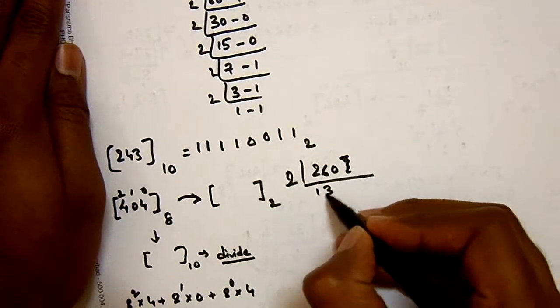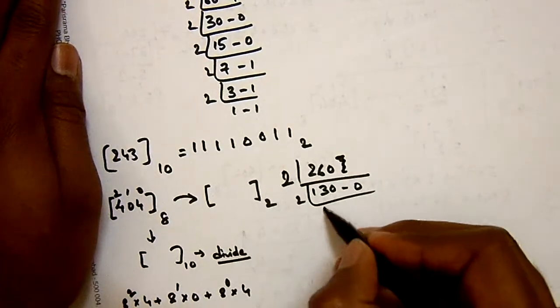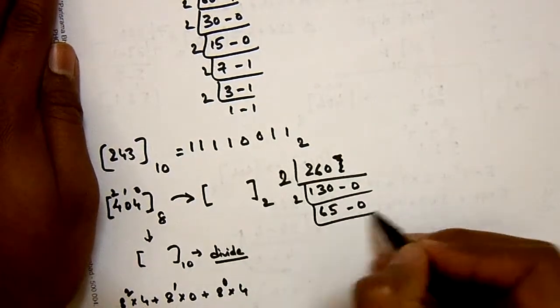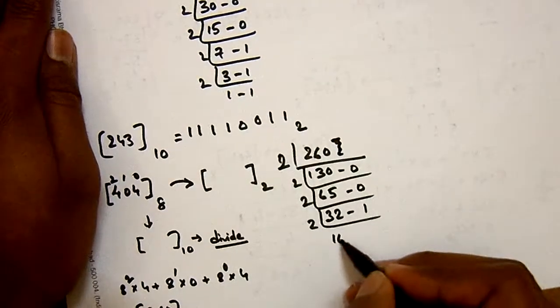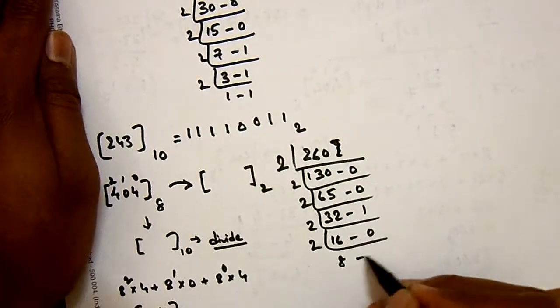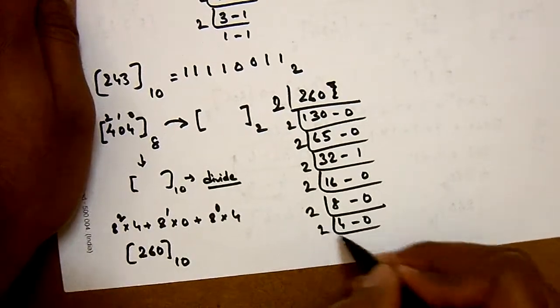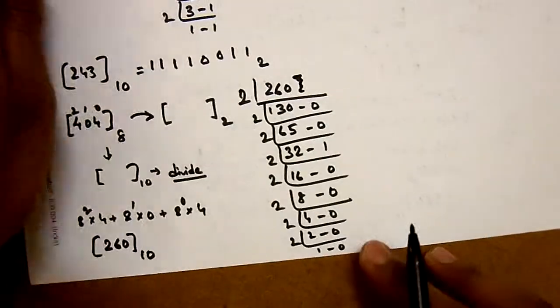2 130s are 260, remainder 0. 2 65s are 130, remainder 0. 2 32s are 64, remainder 1. 2 16s, remainder 0. 2 8s, remainder 0. 2 4s, remainder 0. 2 2s, remainder 0. 2 1s, remainder 0.